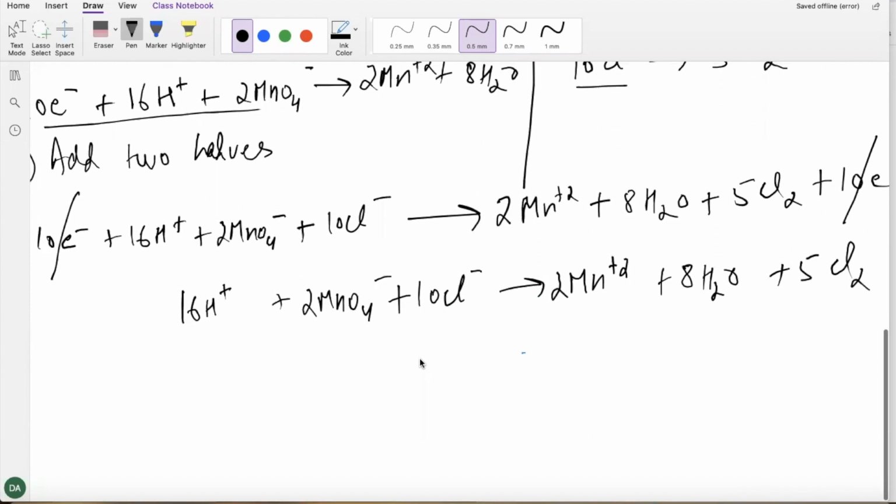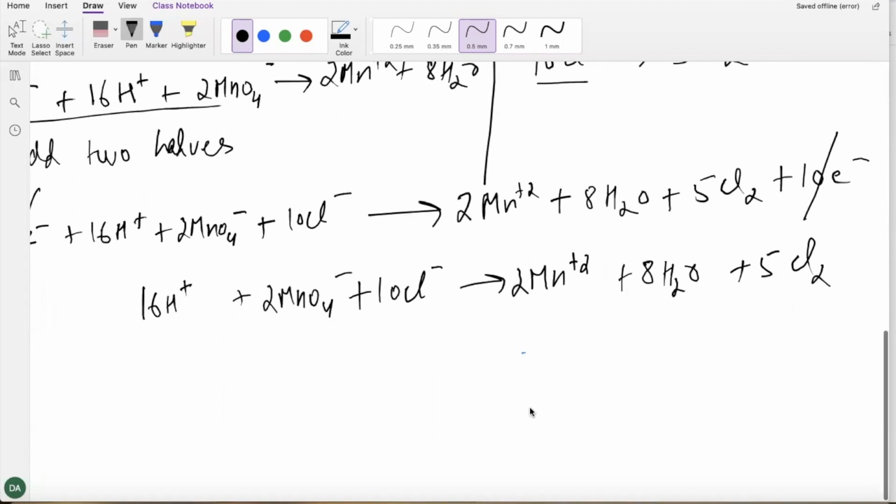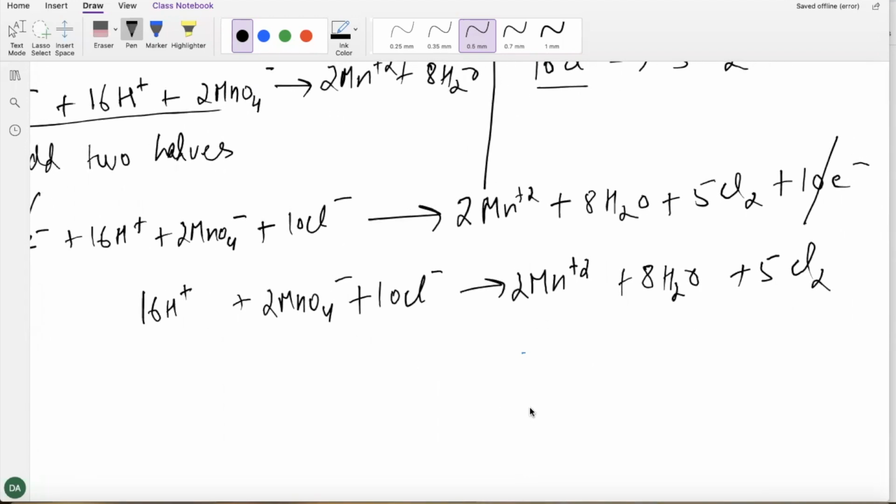Because at this point, everything should be balanced. 2 Mn, 5 chlorines, 16 H and 16 H, balanced. Then we have 2 Mn, and then we have 2 Mn. And then we have 2 times 4, 8 oxygens. We have 8 oxygens, 10 Cls, 10 Cls. And is the charge the same? Because that also matters there.